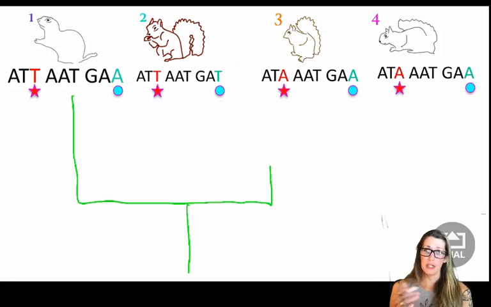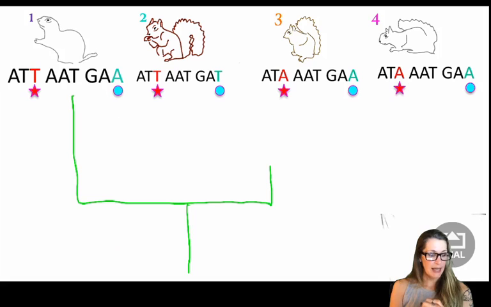And what we want to do is we want to compare their bases. So these character states is what we're comparing. And we're figuring out how many changes in those bases would it take to get to these different character states, so these different sequences. We're looking for the fewest number of changes because, as I said, we know that the hemoglobin gene is very conserved.